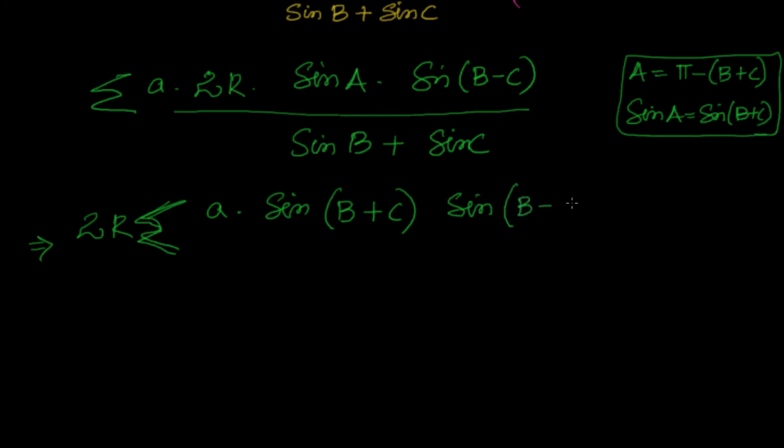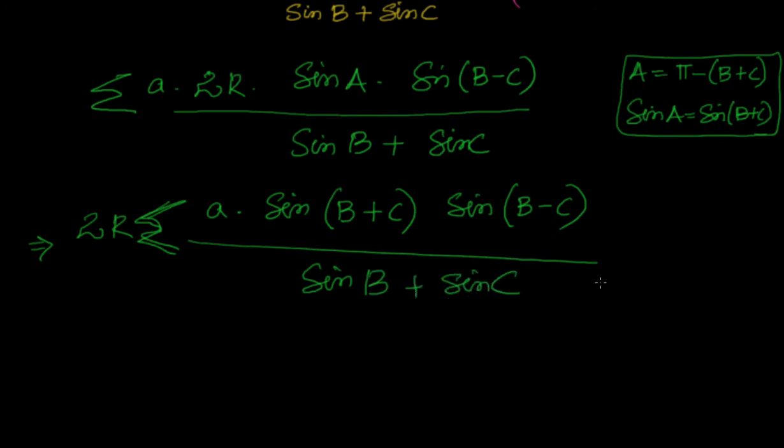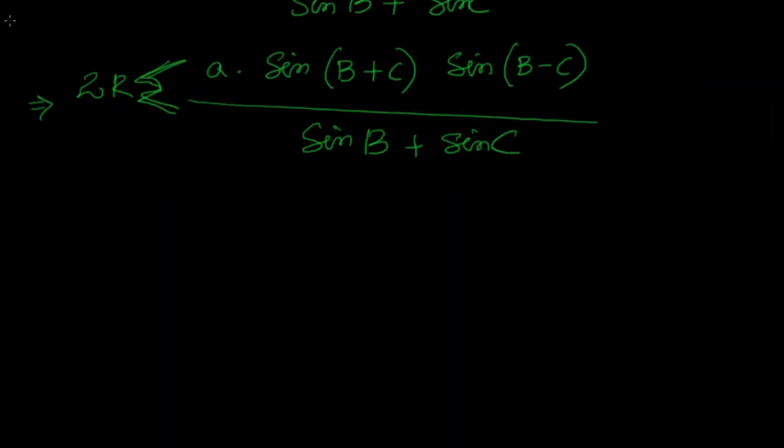Now I will go to the next step where I will use the formula sine of a plus b into sine of a minus b is equal to sine square a minus sine square b. We know that formula, I can leverage that.